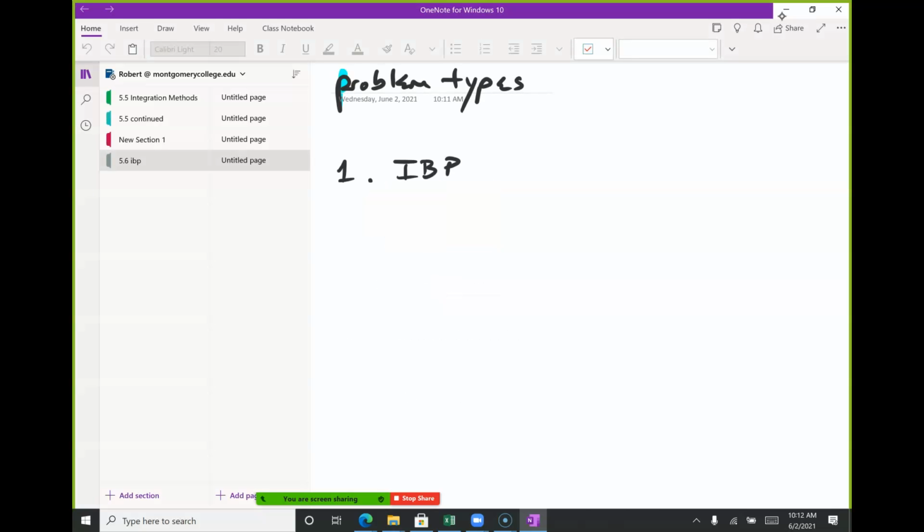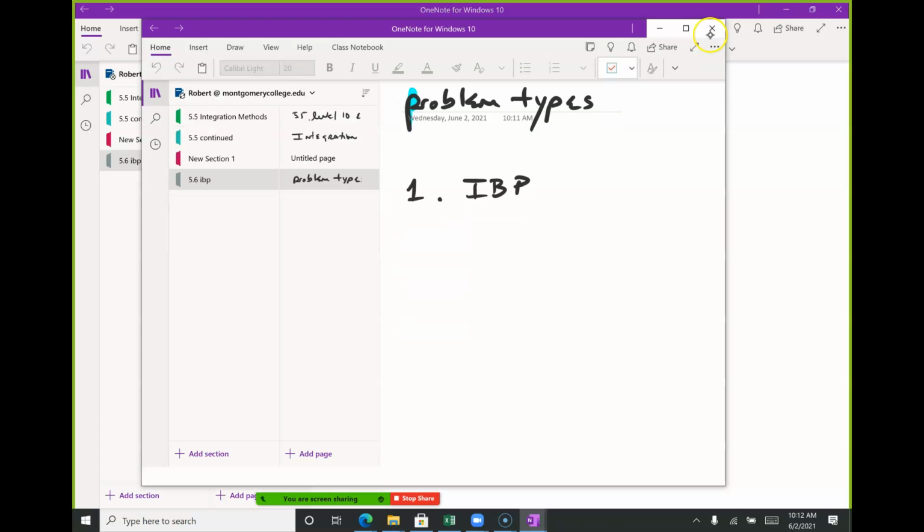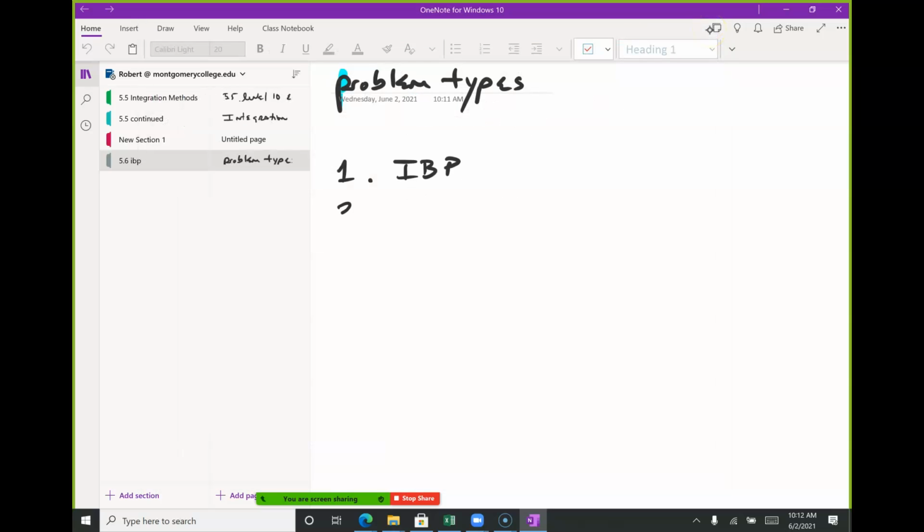So, problem types. First, just a plain old integration by parts where you should be able to solve the problem with one process. Then it could be multiple by parts.